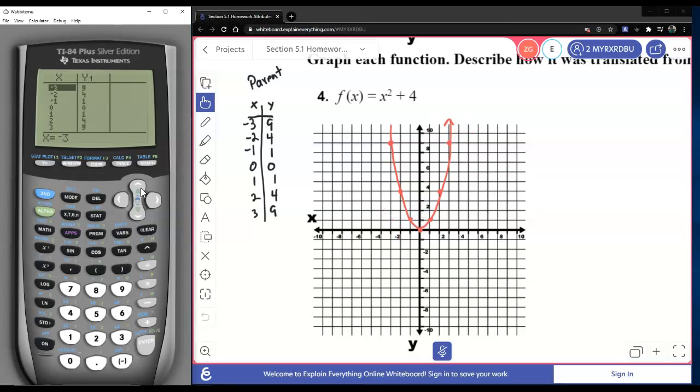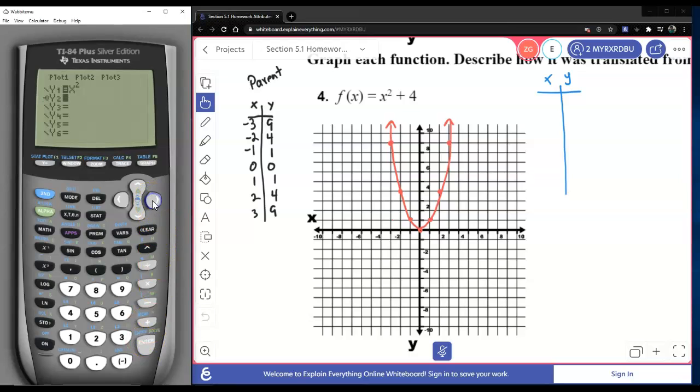Now, when you're doing the assignment, I'm going to use blue so we can distinguish the two graphs. And this is the x, y table here. So we're going to go to our graph. If you want to understand what's actually happening, I recommend going to your TI-84 and using this button right here.